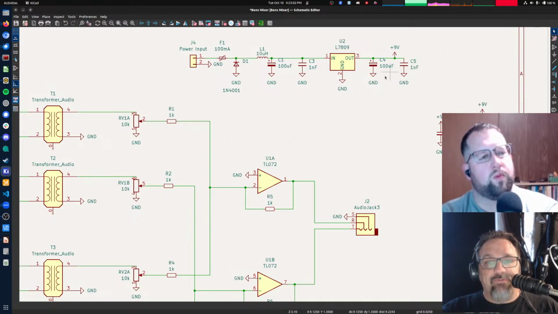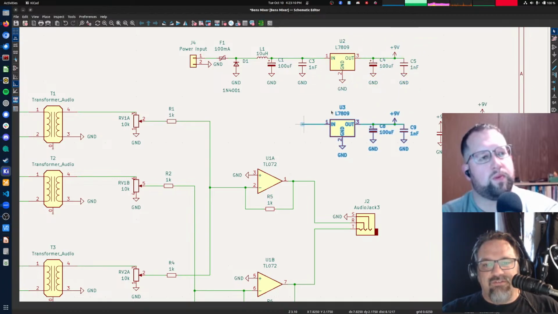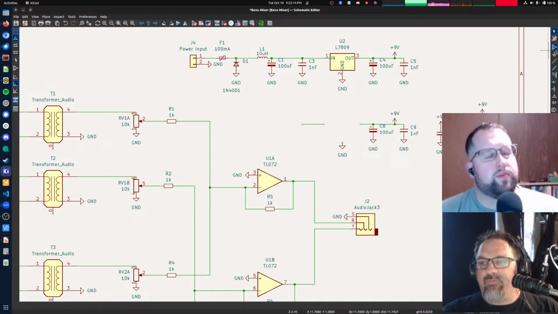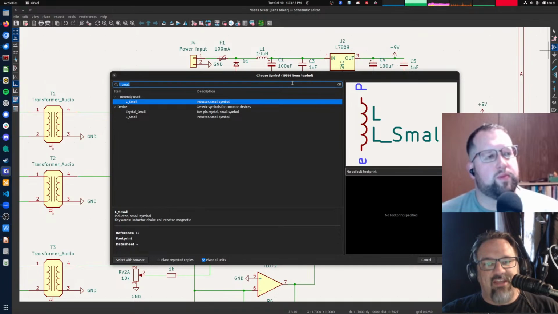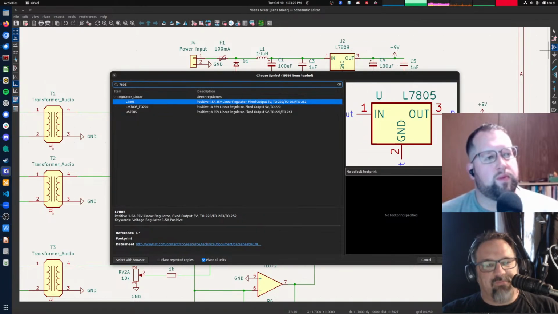One way we could do this is by copying this and, instead of putting a 7809 here, we could do... they don't make 78045s, but they do make 7805s, which are pretty close.